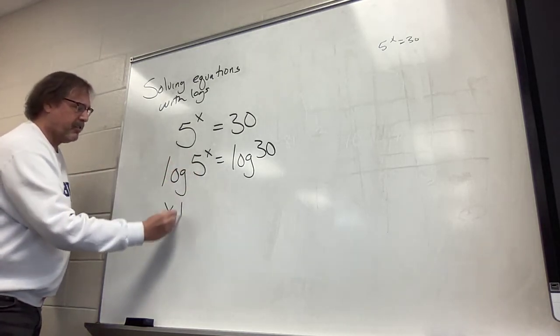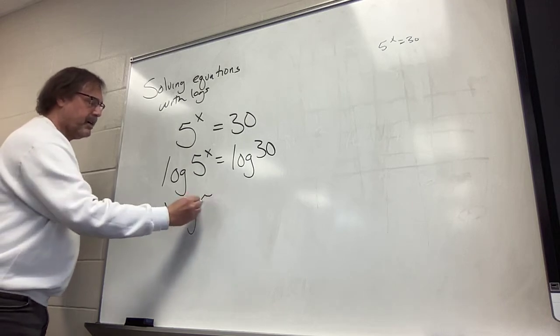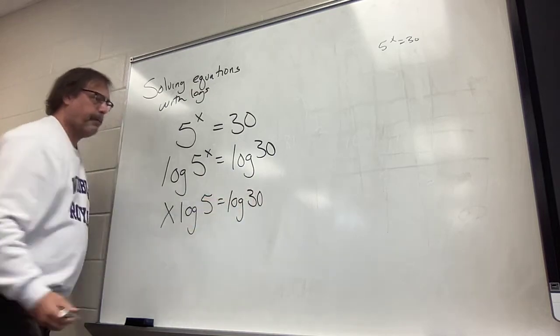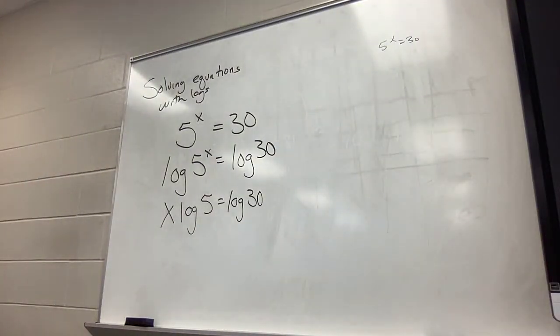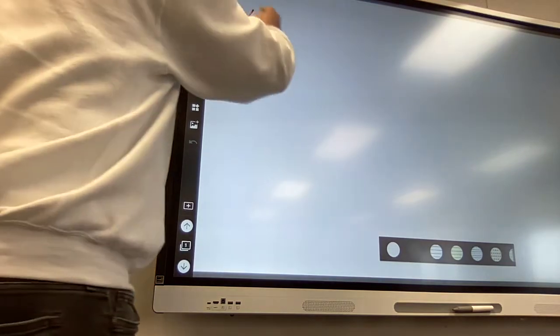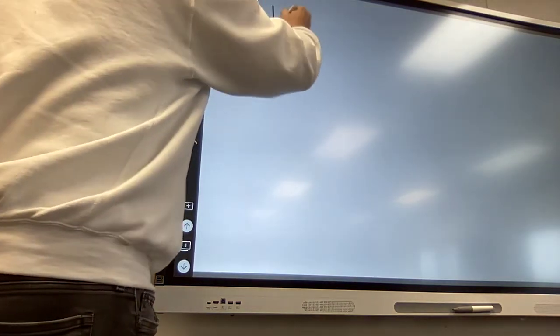So I can now write this as x log 5 equals log of 30. Now, we are sitting at this. I'm doing this higher up so people in back can see x.